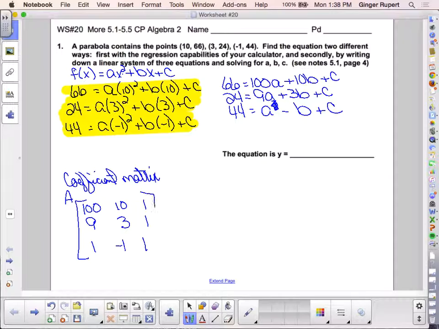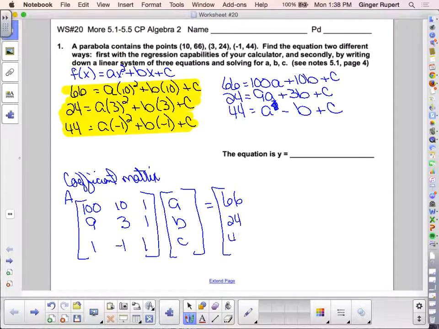I multiply that times the variable matrix, A, B, C, and that's equal to that constant matrix, 66, 24, 44. Okay, that is the matrix equation. That's what it looks like. That's what you need to have written on your paper.